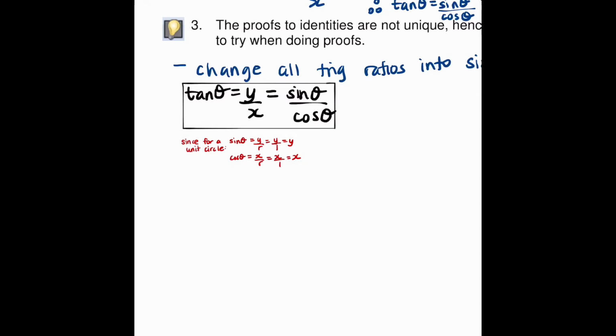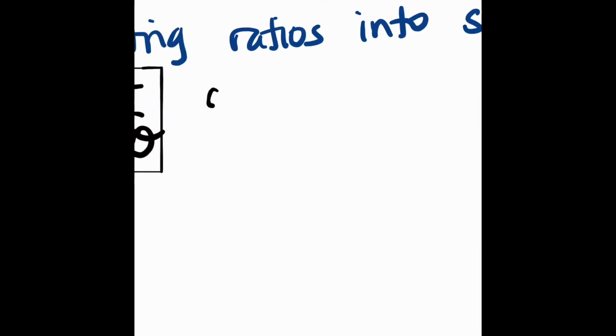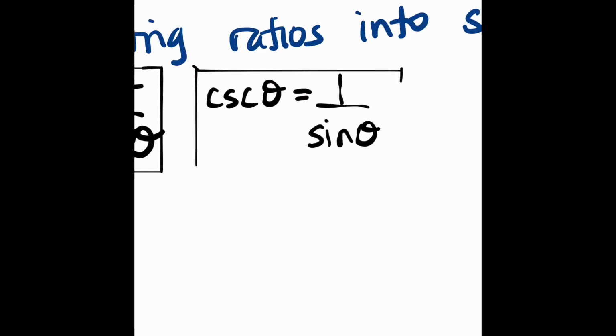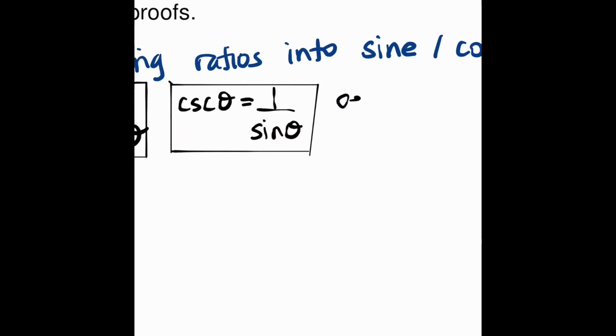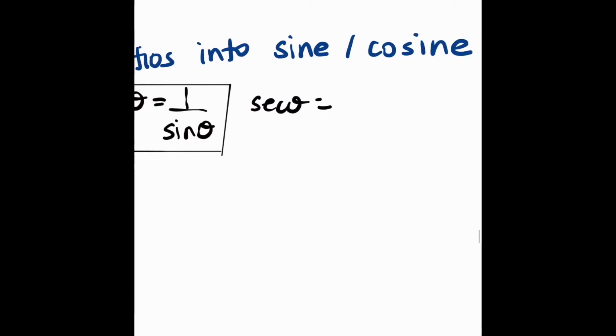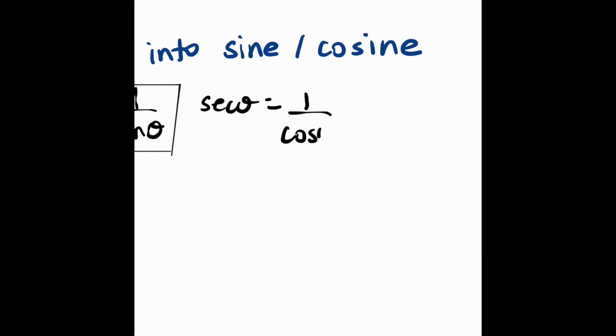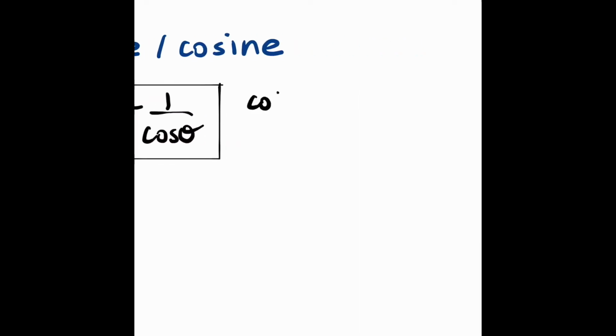Next, we have our reciprocal identities, which is cosecant theta is equal to 1 over sine theta, and you've seen that before. You have secant theta is equal to 1 over cos theta. And then you have cotangent theta is equal to 1 over tan theta.